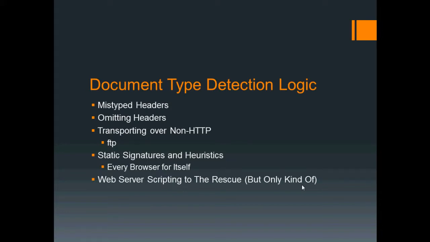But to actually do the content sniffing, it'll look at static signatures like maybe the end of file name or the extension, so like .html or .swf, things like that, and other heuristics that the browser implemented. And it's every browser for itself, like everything else we've done this semester.